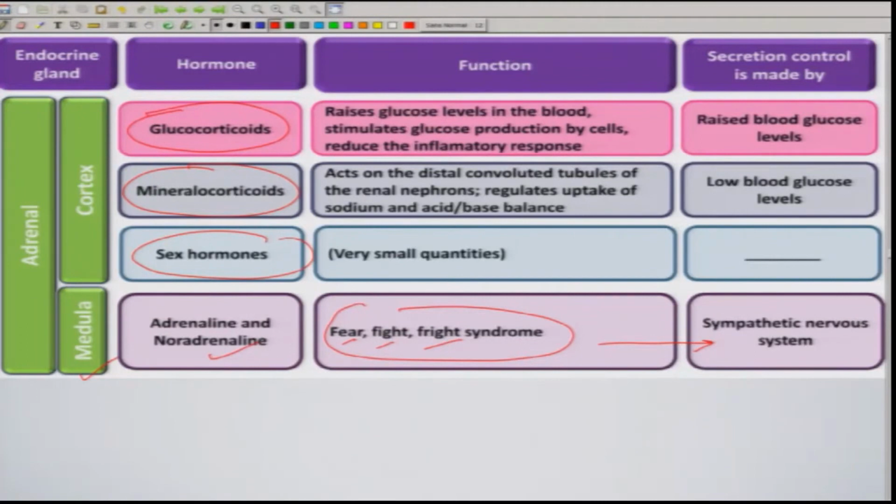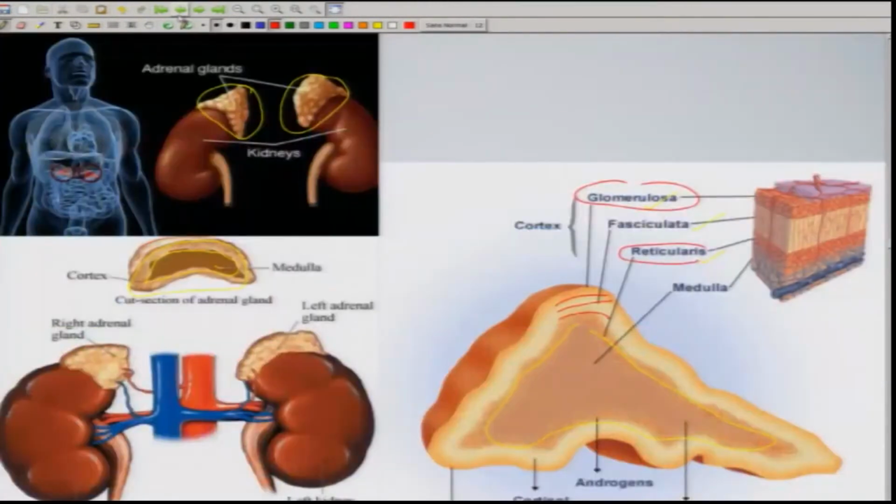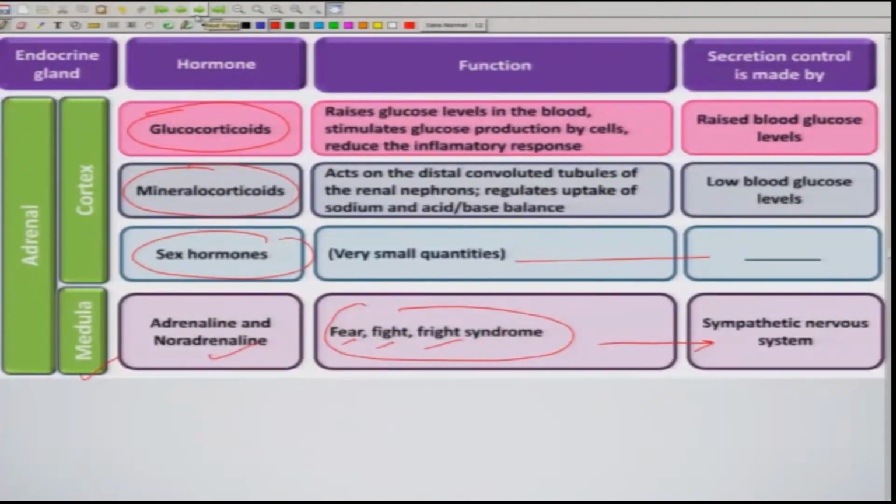They are secreted in very small quantities, but it is still not clear what the function is of the sex hormone which is secreted out here, which is androgen. So it's not really clear to this date. Now in terms of the mineralocorticoids, they act on the distal convoluted tubule of the renal nephrons, regulate the uptake of sodium and acid base balance, and lower the blood glucose level, whereas glucocorticoids raise the blood glucose level, stimulate glucose production by cells, and reduce the inflammatory response.